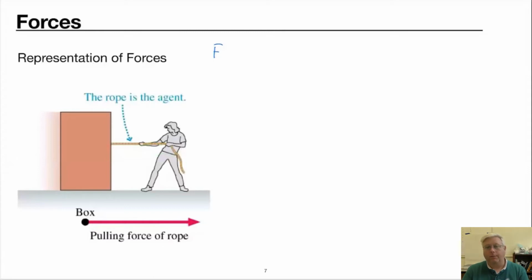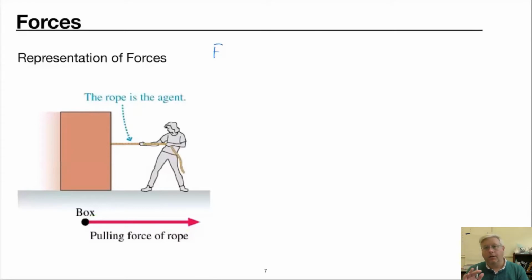And we can also remember from our study of how we represent vectors pictorially, the length of the arrow has to do with the magnitude of the force. So if she pulls with more force, then there'll be a longer arrow. If she pulls with a very little bit of force, it'll be a shorter arrow.